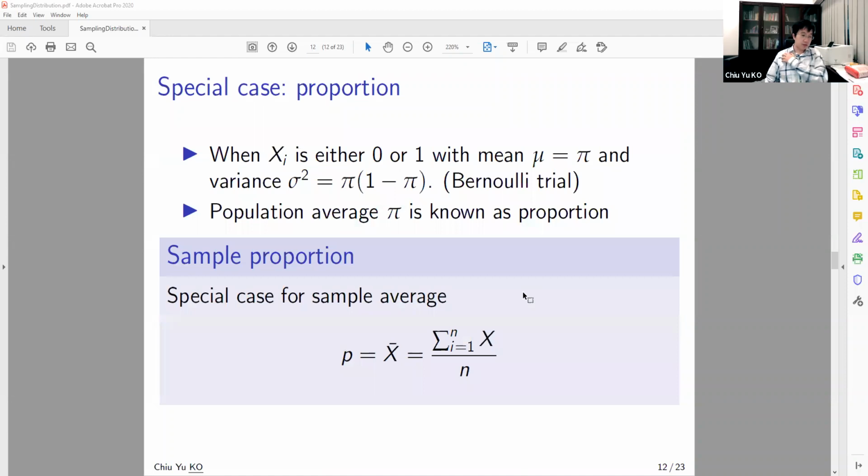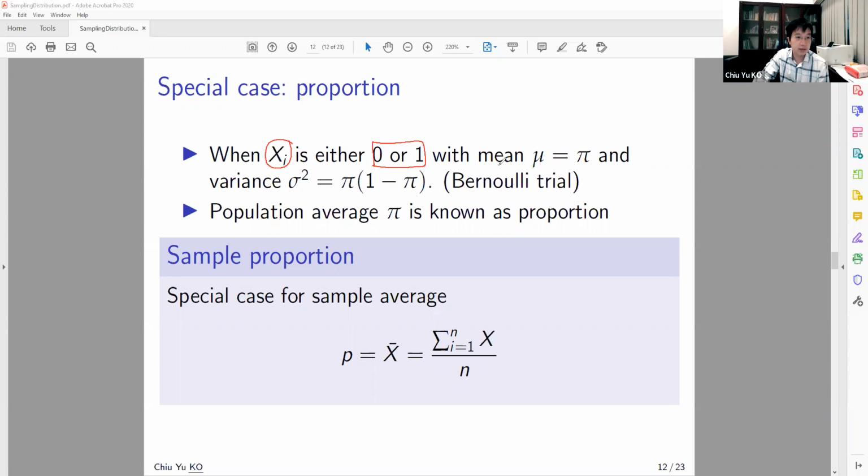So the next part will be when x is either 0 or 1, okay? In this particular case, x is like a categorical variable, for example whether someone has done something, such as whether you have ever tried this product, or whether there is success. It's a binomial trial, right?